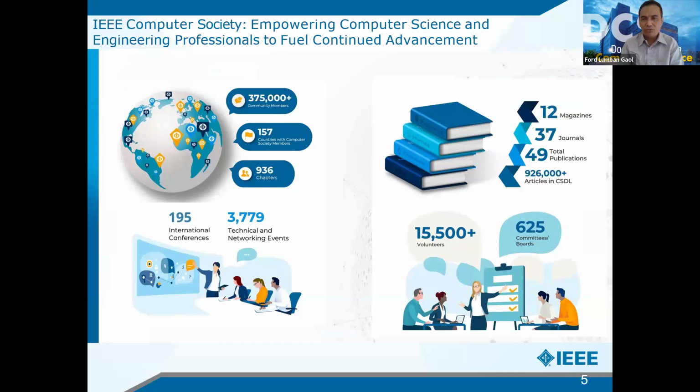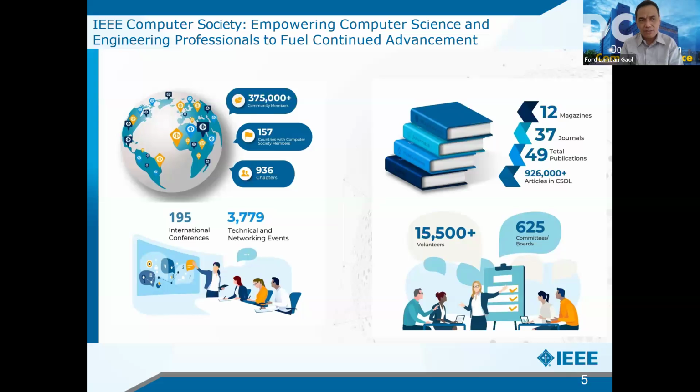If I can share the statistical distribution for IEEE Computer Society Indonesia chapter, the composition is quite unique. About 30% of our members come from academia, meaning students, professors, and researchers, and around 30% come from industry, or practitioners. The others come from government, startups, and some related to entrepreneurship.